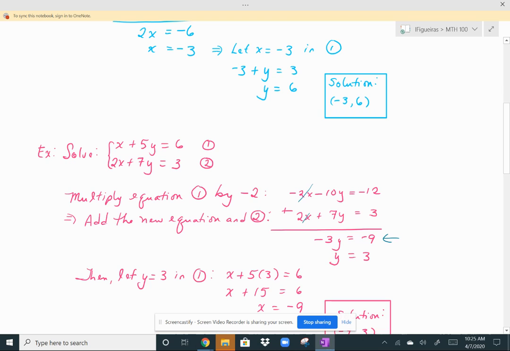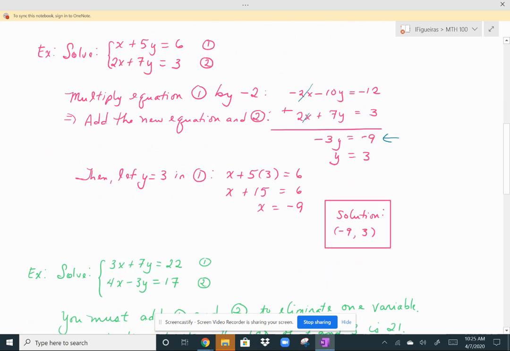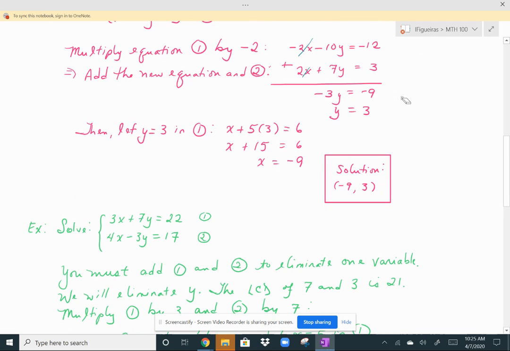But again, you need both an x and a y value in order to solve this system. So you're going to take y equal to 3 and substitute it into one of the equations. I'm choosing to substitute it into equation 1. So I get x plus 5 times 3 equals 6.